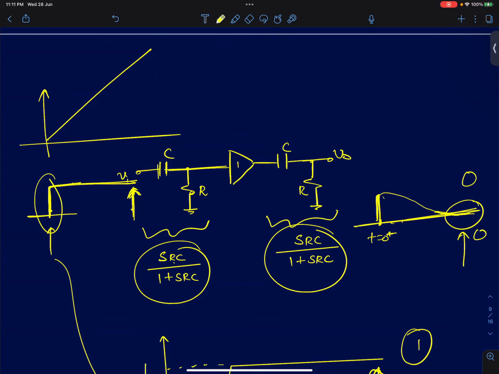Differentiate a ramp twice, you end up getting 0, right? It's a derivative of a step, which is 0. Now, if I feed a parabolic input, t square, then this output is going to be a constant. You differentiate this function twice, you're going to get a constant value.